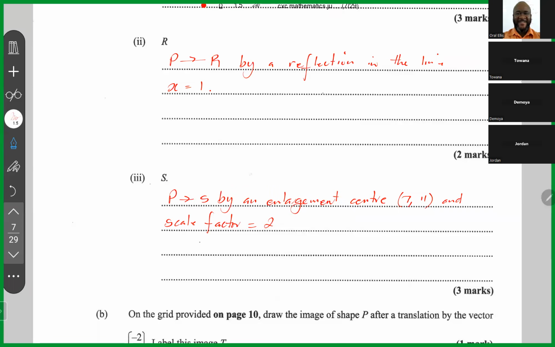So whenever describing an enlargement, you need the center of enlargement and you need the scale factor.